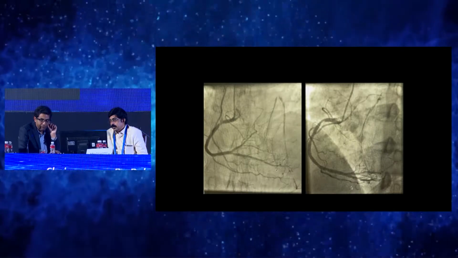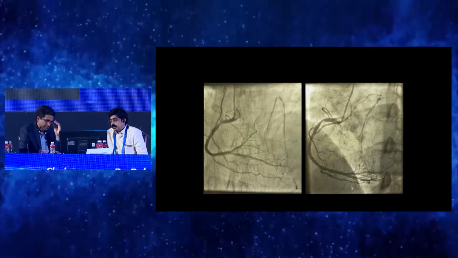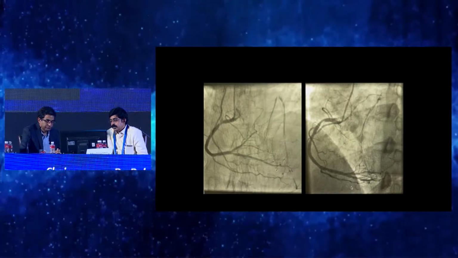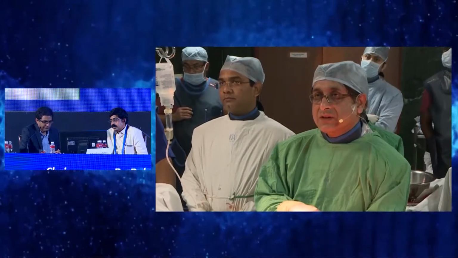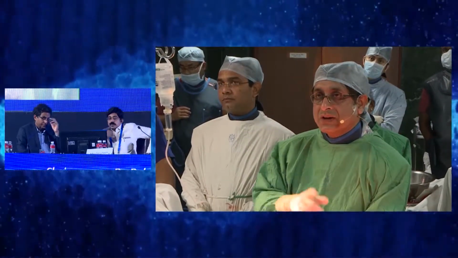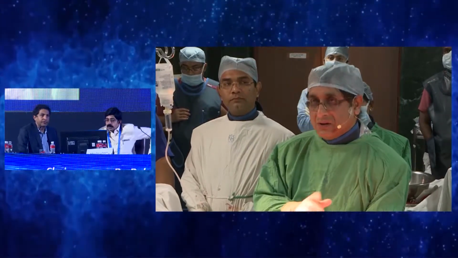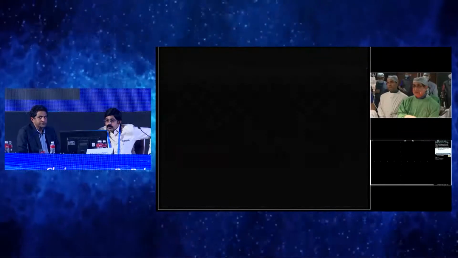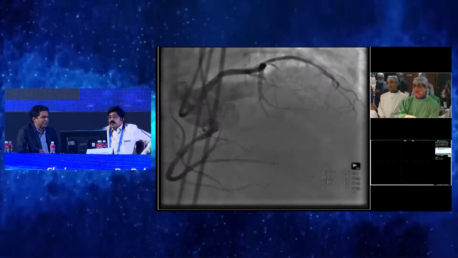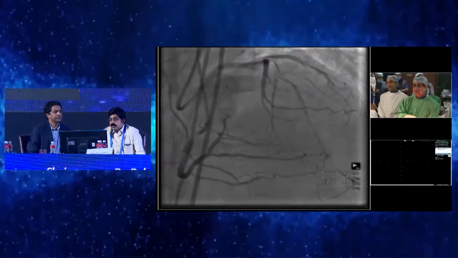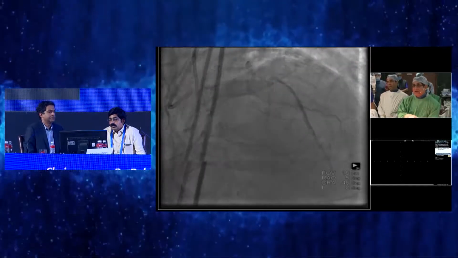So while we were waiting, we had done a bit of the case, so I'm going to show you. Show us the simultaneous injection. So we took simultaneous injection from multiple views, and really we are looking at 2 things.